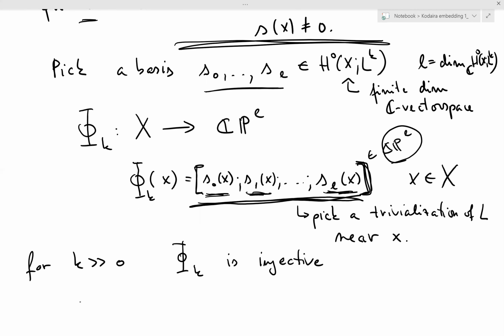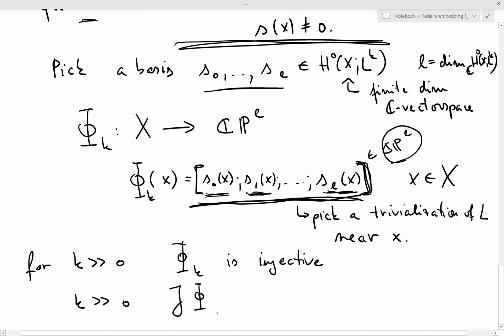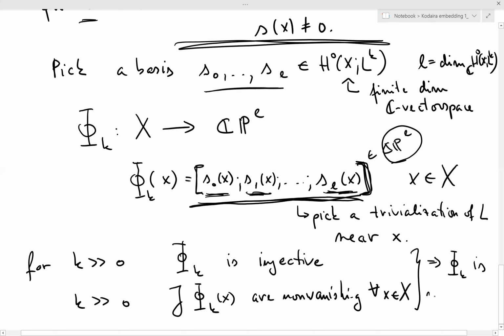So the very last step is to show that, perhaps even increasing the k further, all the Jacobians of phi k at every x on your manifold are non-vanishing. Okay, so injective plus all the Jacobians being non-vanishing indeed shows that phi k is an embedding. Okay, so this is the strategy of the proof.